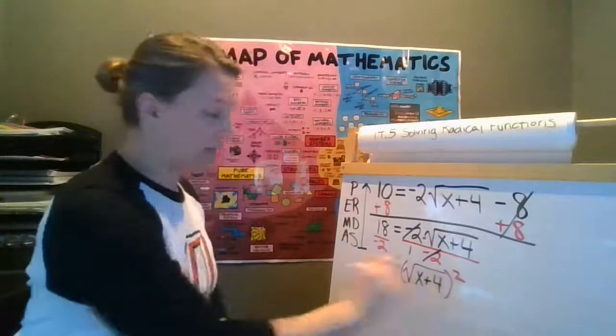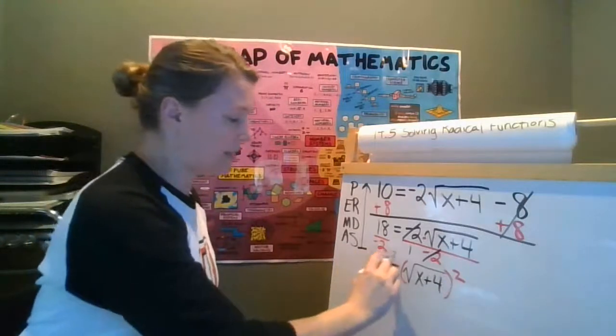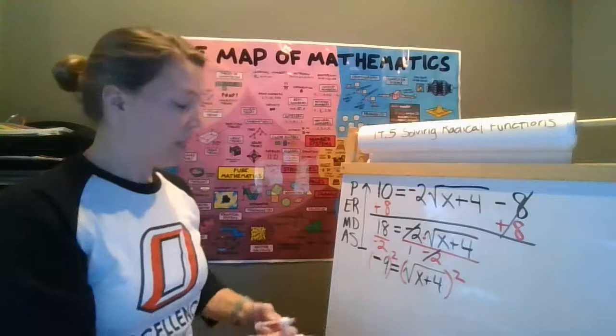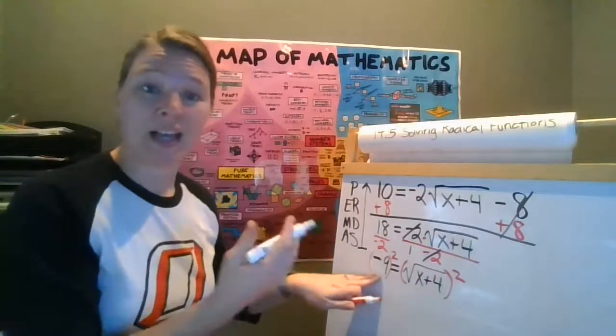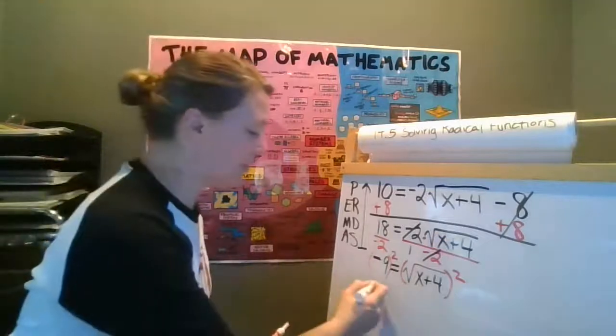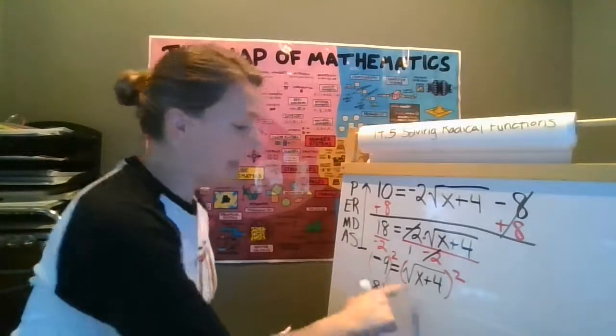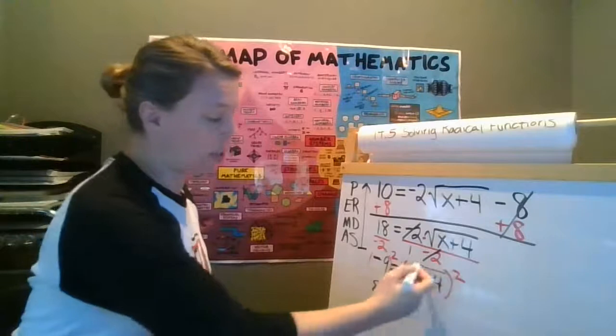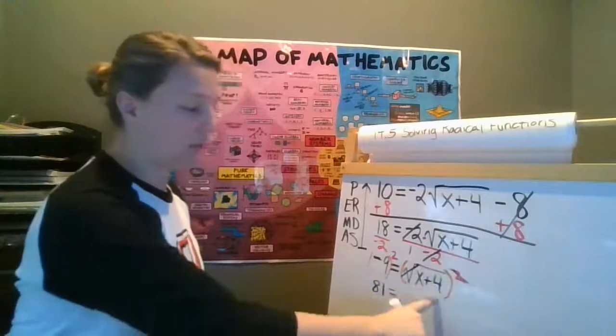If I square that side, I need to square the other side as well. Negative 9 squared is positive 81. Negative 9 times negative 9 is positive 81. And over here, our square root and our square cancel each other out, and we are left with x plus 4.